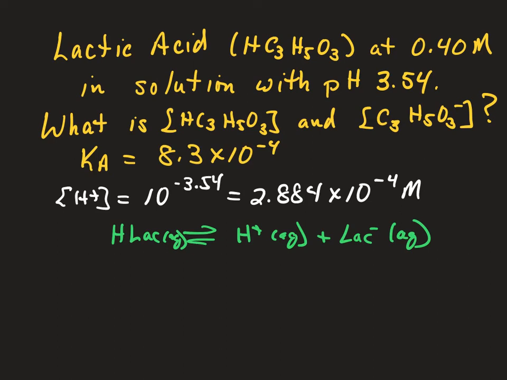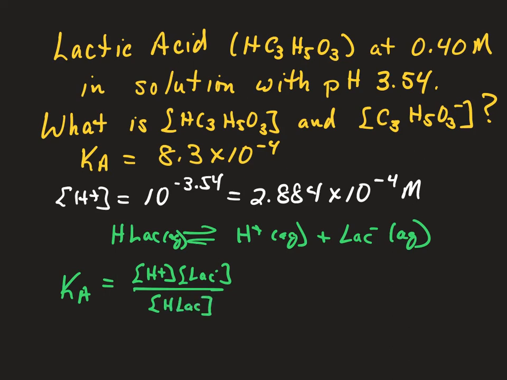We can write our Ka expression as equal to the concentration of hydrogen ions times the concentration of lactate ions divided by the concentration of undissociated lactic acid.